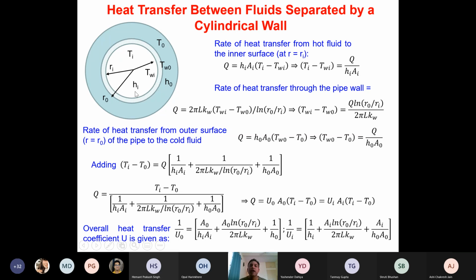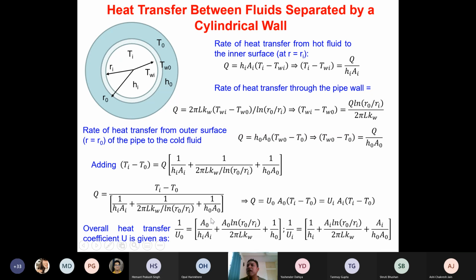For example, if a gas phase is there outside, in such cases that resistance is going to be the most dominating compared to if there is a metal wall in between. So the resistance corresponding to the conduction through this metal wall can be safely neglected, so this middle term can be omitted. Also, if we consider that the resistance inside the pipe is also negligible, in that case this first term can also be neglected.